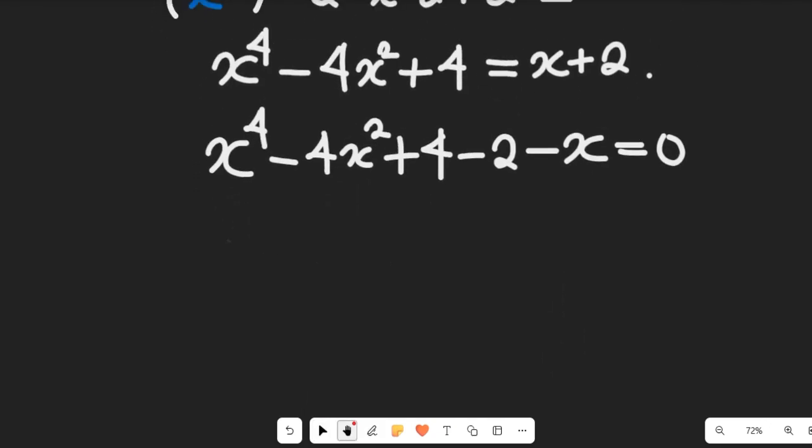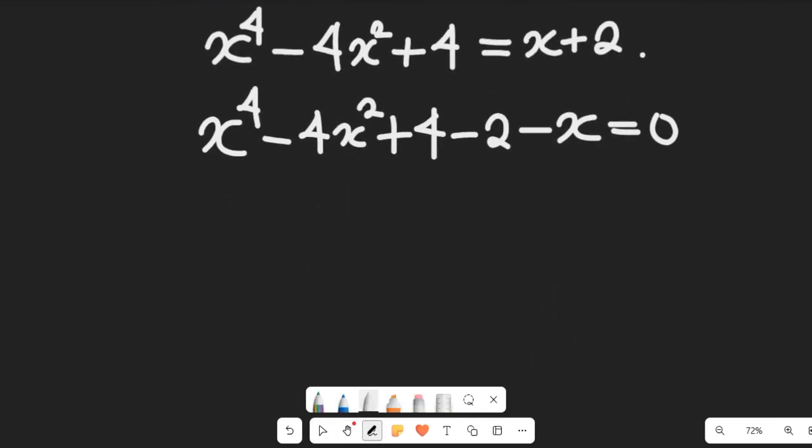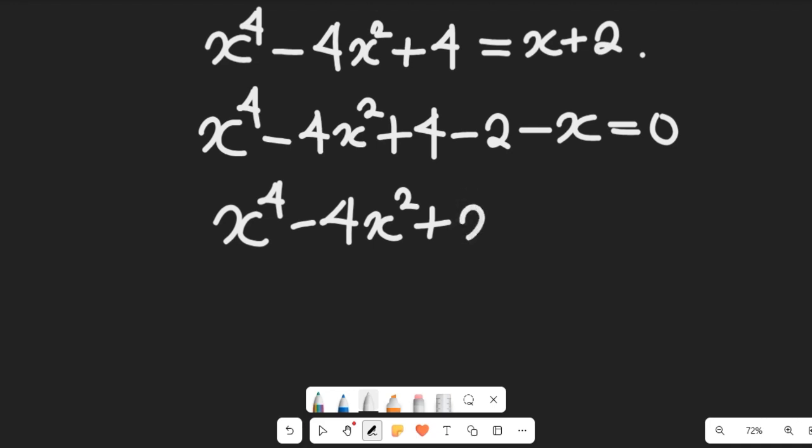Now we'll have x to the power of 4 minus 4x squared, and this will be a plus, we'll have 2 remaining there, and this will be minus x, and this will be equal to 0.